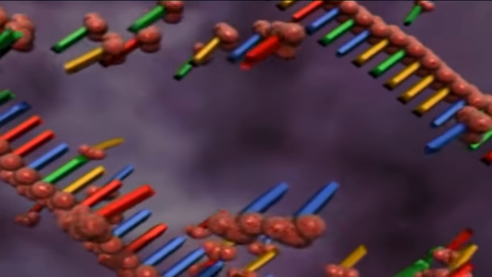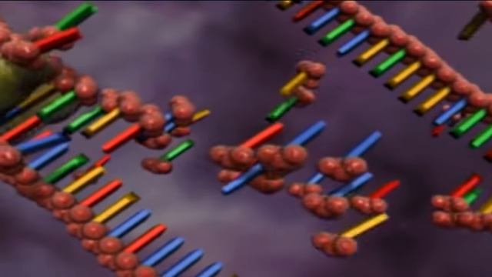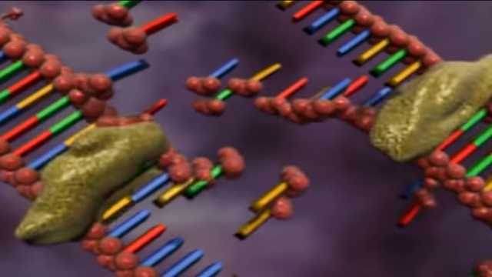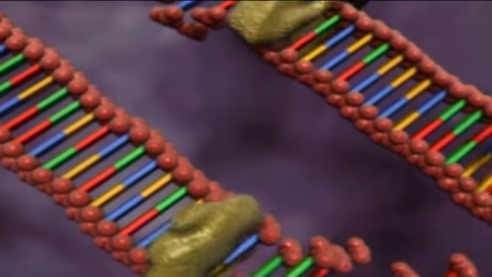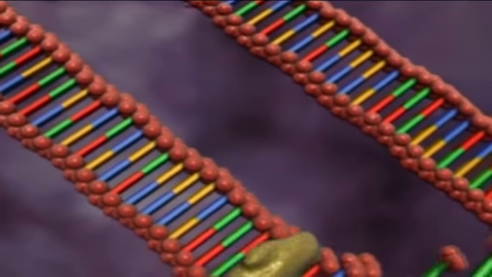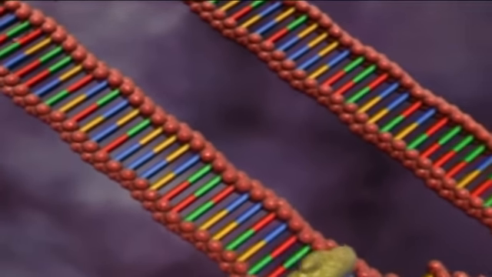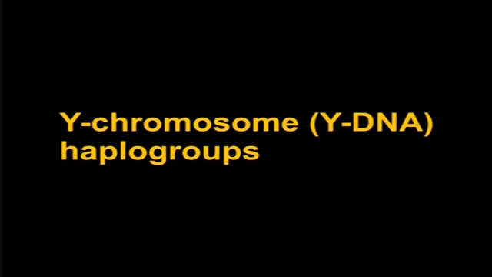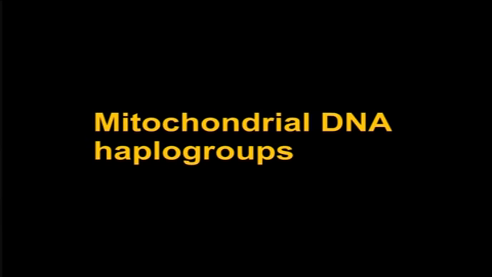Y chromosome and mitochondrial DNA haplogroups have different haplogroup designations. Haplogroups pertain to deep ancestral origins dating back thousands of years. In human genetics, the haplogroups most commonly studied are Y chromosome haplogroups and mitochondrial DNA haplogroups, both of which can be used to define genetic populations.